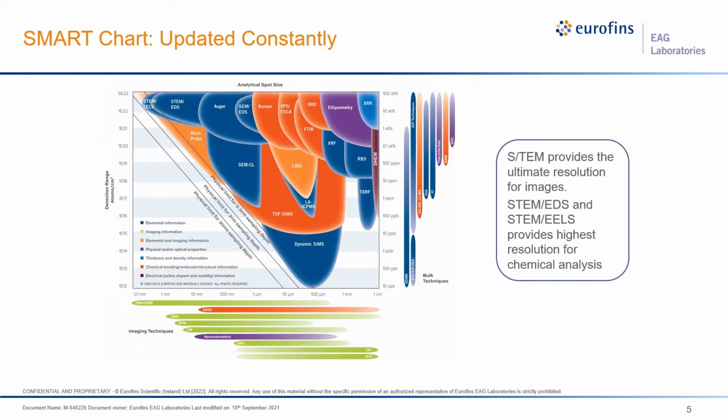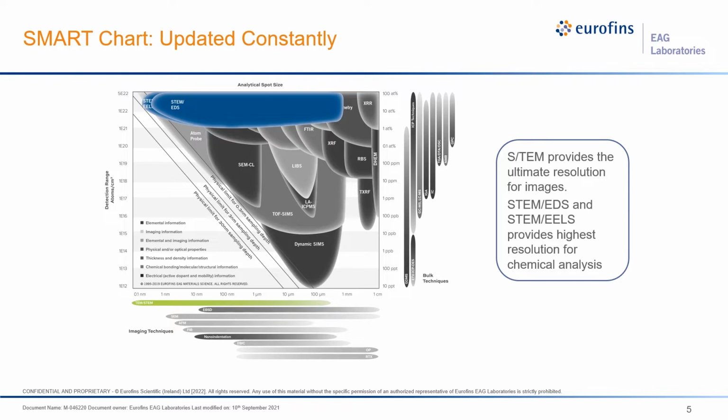Okay, so this is actually an EAG bubble chart. If you take a look at the position of TEM, we cover the range somewhere at 1 angstrom level to maybe hundreds of microns in size. And then, of course, the concentration.